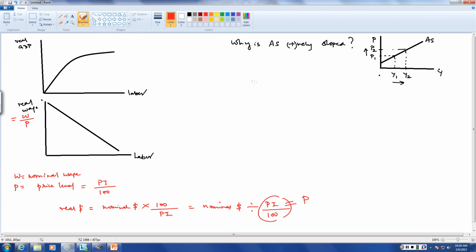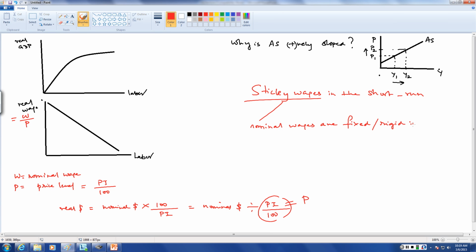Okay. Now I'm going to say that you have something called sticky wages in the short run. What is meant by sticky wages? Sticky wages means that nominal wages are fixed or rigid in the short run.